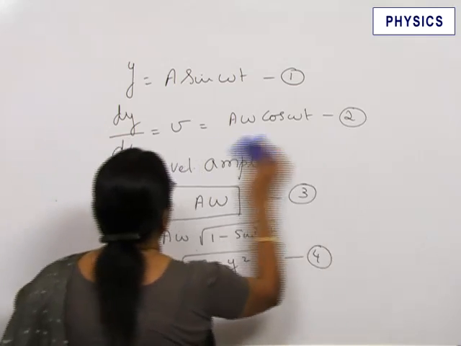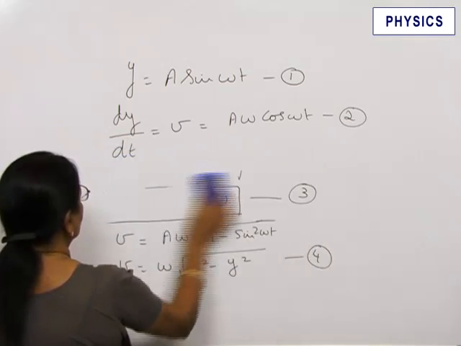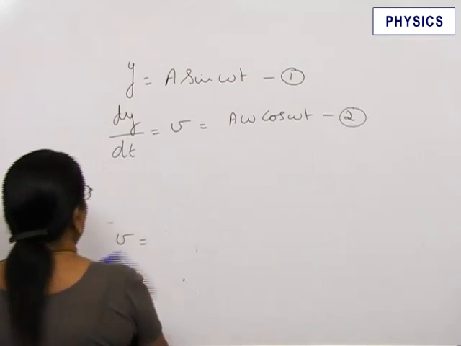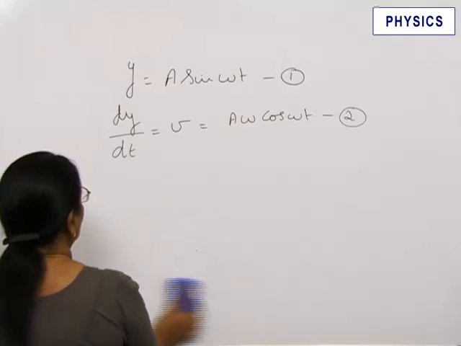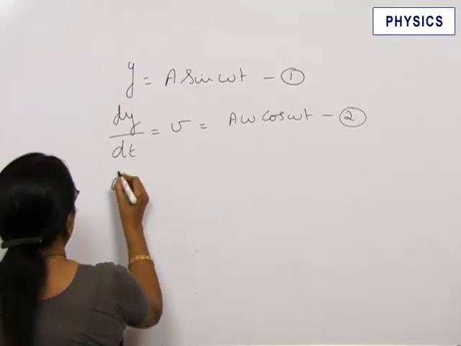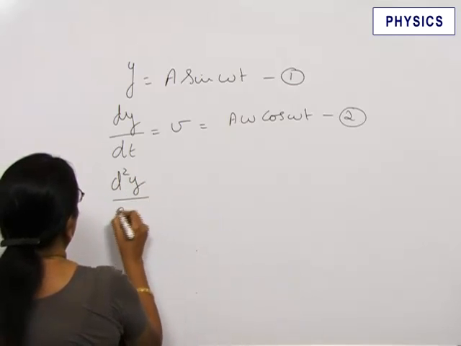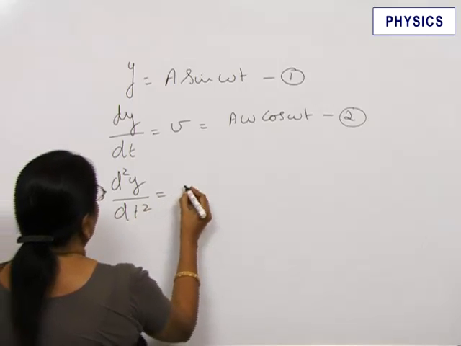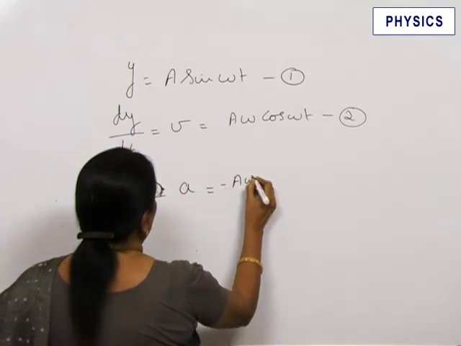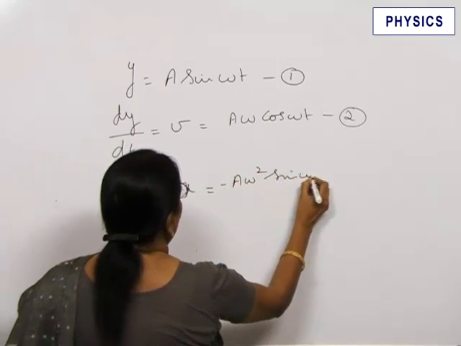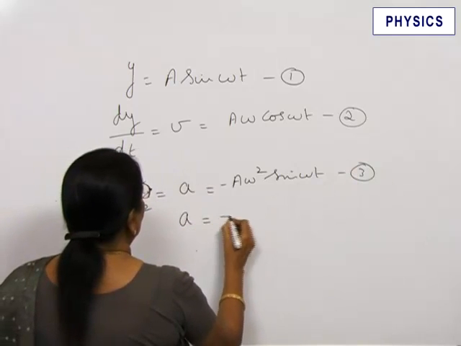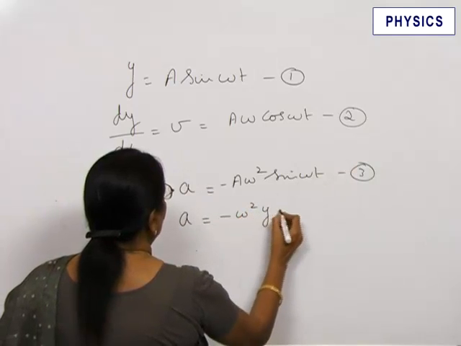Next, we will find the expression for acceleration. Differentiate equation 2 with respect to time, we will get the acceleration, d square y by dt square, which can be represented by small a, equal to minus A omega square sin omega t, which can be written as minus omega square y.